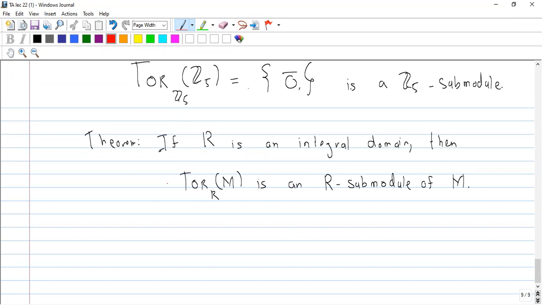So for the first step, we will take two elements from the Tor. So let's say x and y are sitting in the Tor of M. So what is the meaning of this thing?